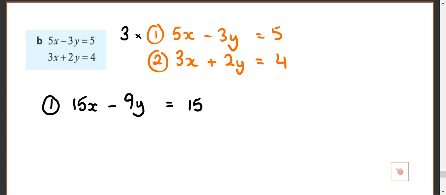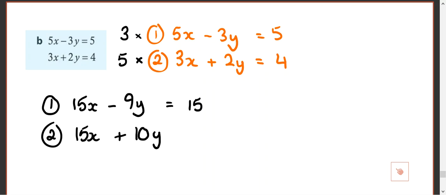Happy with that? Number 2, I am going to multiply by 5. So number 2 becomes 15x plus 10y equals 20.